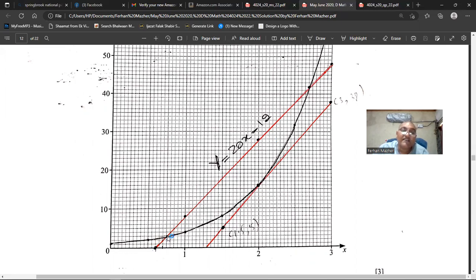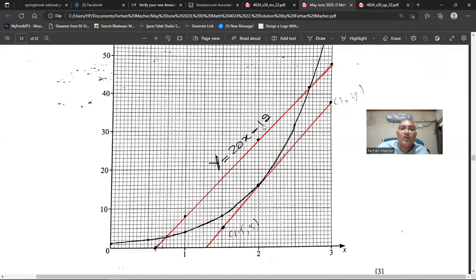The value of x here is, I think, 0.75 something. And here it is 2.7, yes, 2.7.